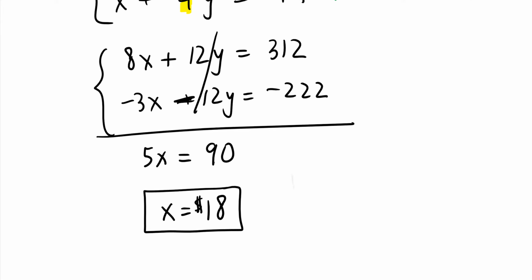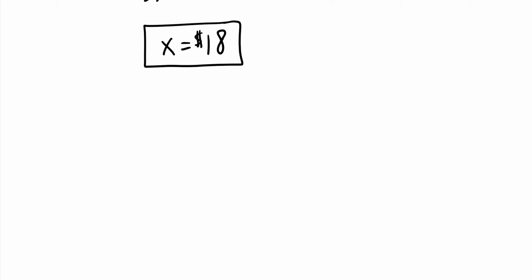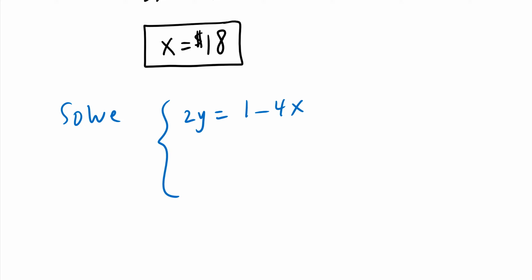Now the last thing is the substitution method. Let's say we are asked to solve a system like this: 2y equals 1 minus 4x and 2x plus y equals 0. Solve this by substitution.